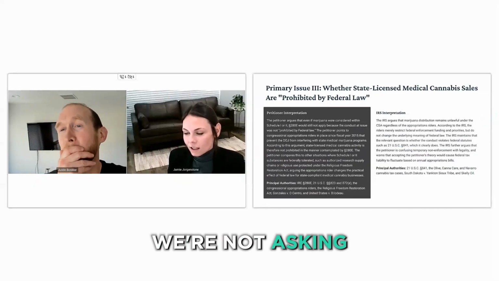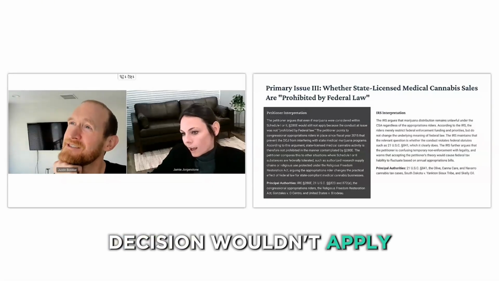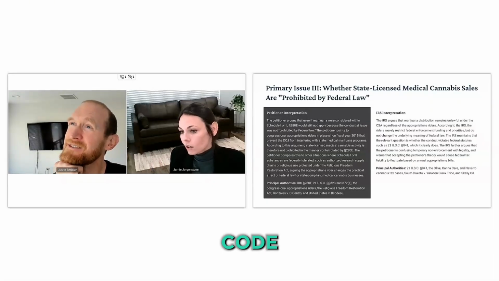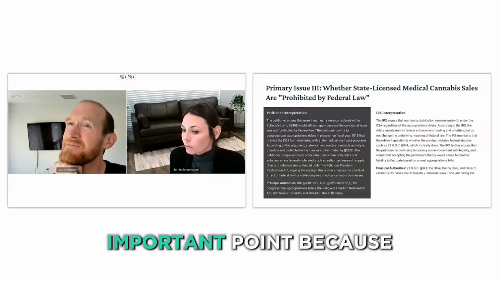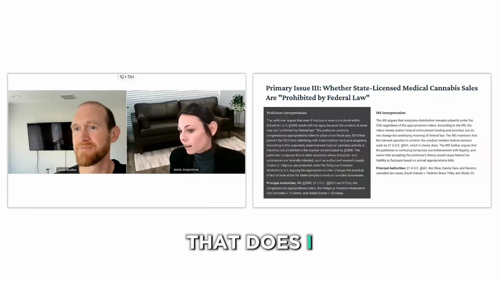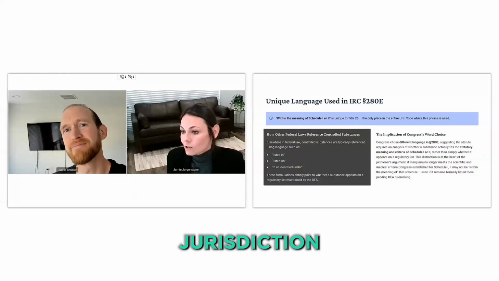We're not asking for a decision that would apply beyond the tax code, interpreting these words: within the meaning. What does that mean? And I think that's a really important point, because the idea is that it does make it the tax court's jurisdiction, right?